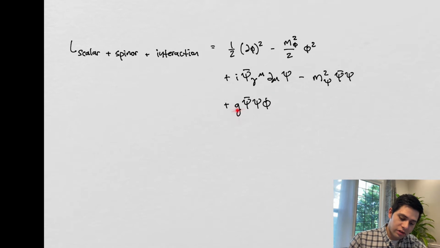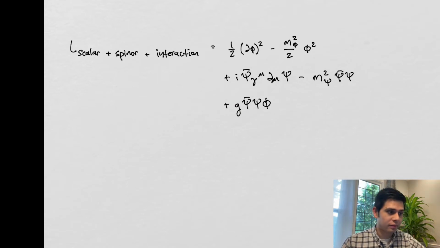And the reason this is the interaction part is because we have spinors here, and then we have our scalar. And our scalar is coupled to our spinors. The strength of the coupling between the two is given by this g factor. Okay.